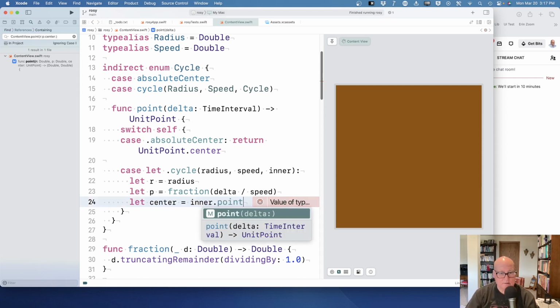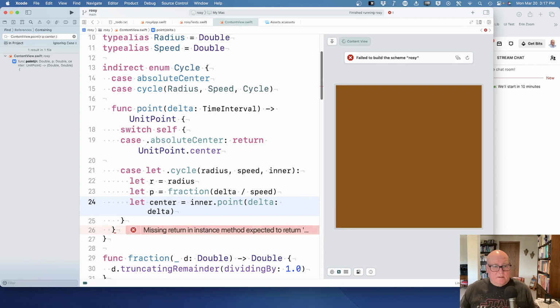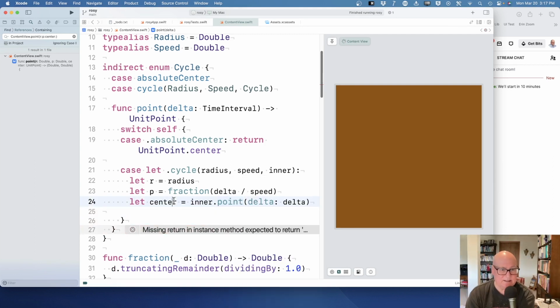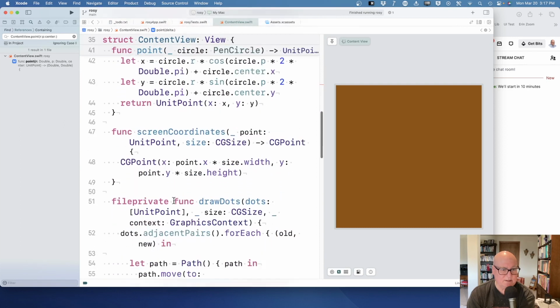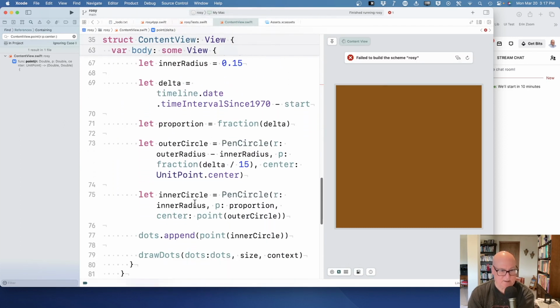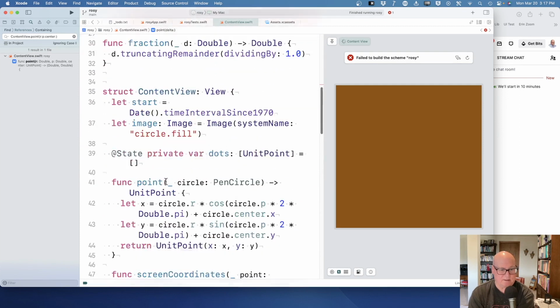I don't know. Point delta. Is that going to work? All right. So that would give me if I take a point of inner circle of that.